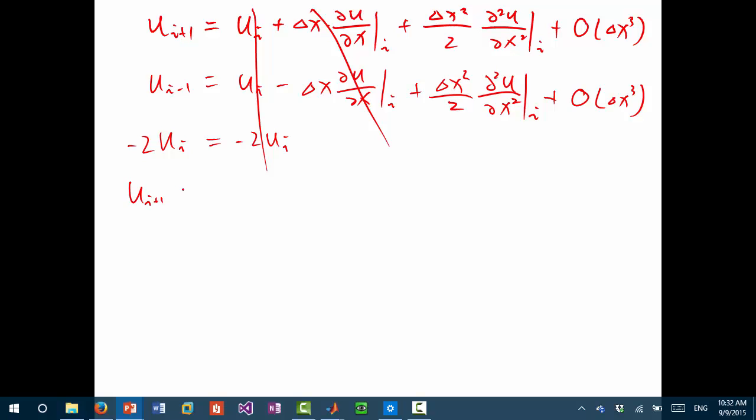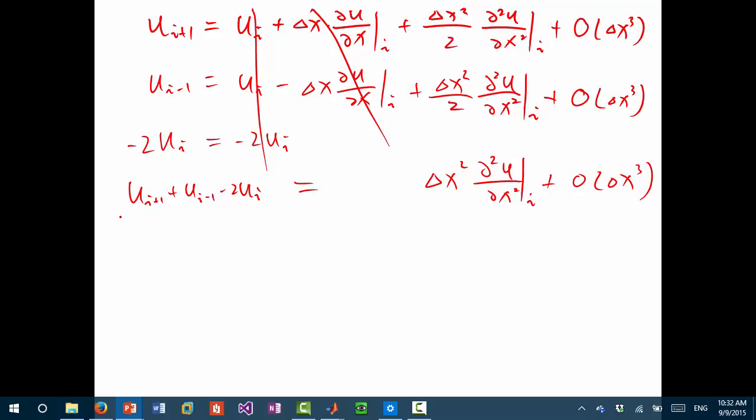So u_(i+1) plus u_(i-1) minus 2u_i is equal to delta x squared times the partial derivative, the second derivative we want to approximate, plus O(delta x cubed). And O(delta x cubed) means a bunch of terms that scale with delta x cubed, or even delta x fourth, delta x fifth, etcetera.